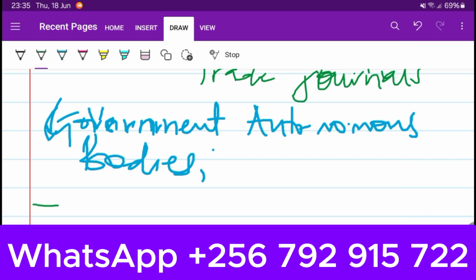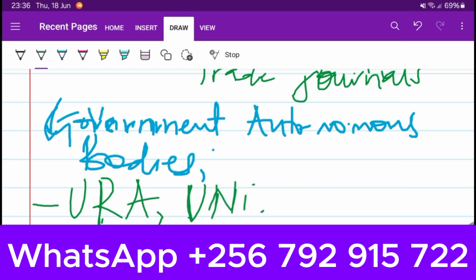We can have maybe Uganda Revenue Authority, URA. We can have maybe UNEB, that is the Uganda National Examination Board.